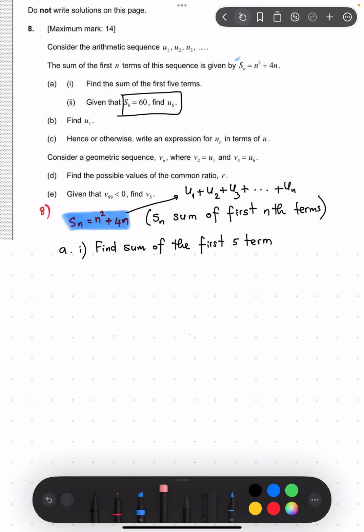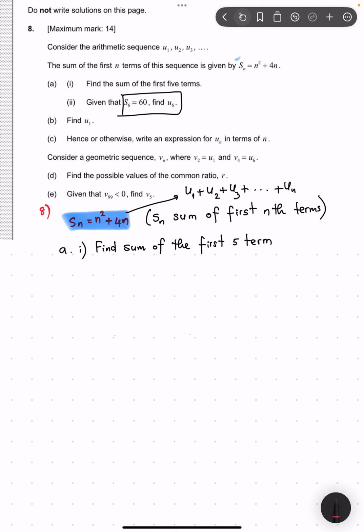And then they gave us Sn, the formula for the sum of the first n terms. For example, if we want to find the sum from U1 until U10, which is the sum of the first n terms, we can just plug n equal to 10 into it.